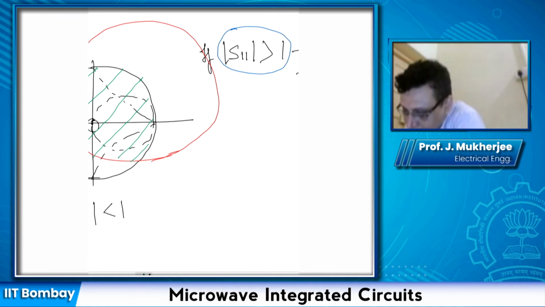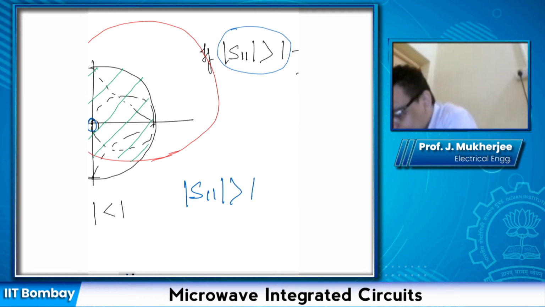On the other hand, if S11 is greater than 1, then this point represents an unstable region. Therefore, the outside of this red circle will be the stable region, and in that case my stable region will be here.